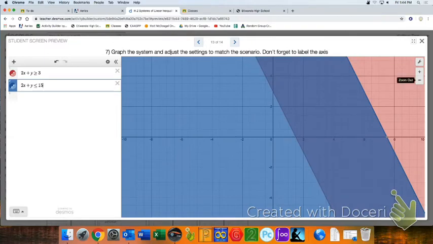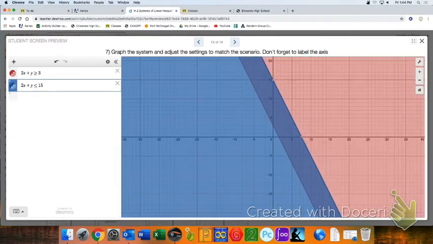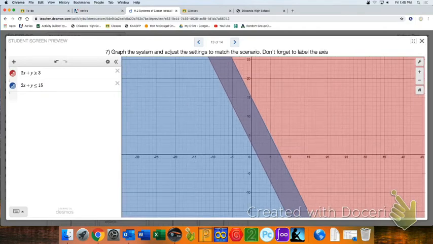How is that graph different? Lines are like this and they're shaded opposite. So the overlapping, well, first off, the lines are parallel. Do you see that? They're parallel. And the shaded region is between those 2 lines. Are both of the lines solid?